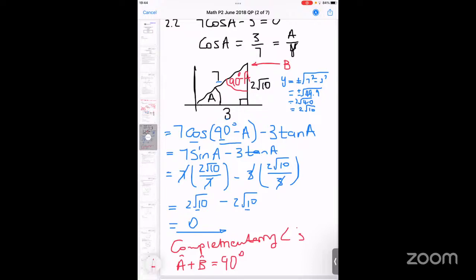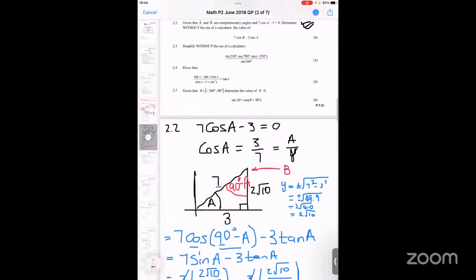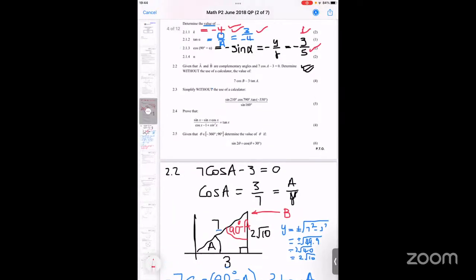They did say in the statement that angle A and angle B are complementary angles, and we are given that.